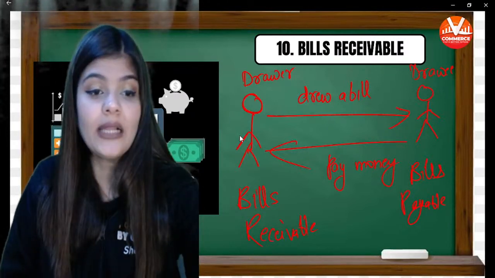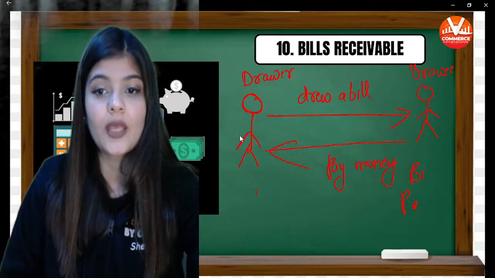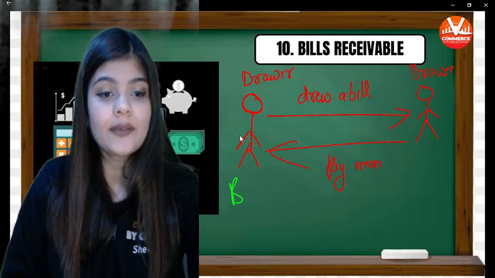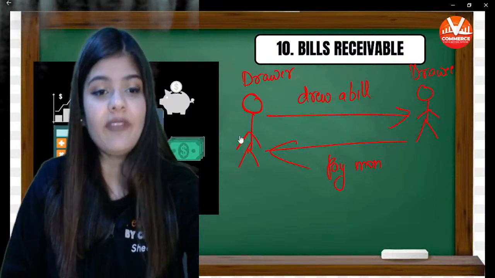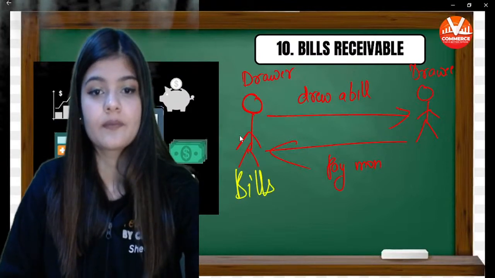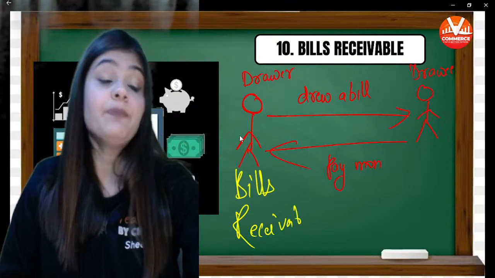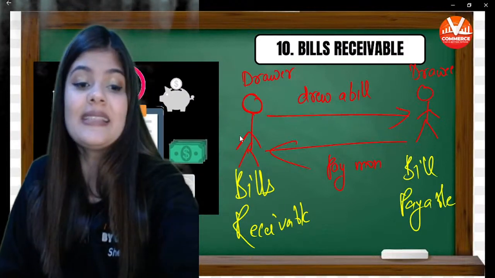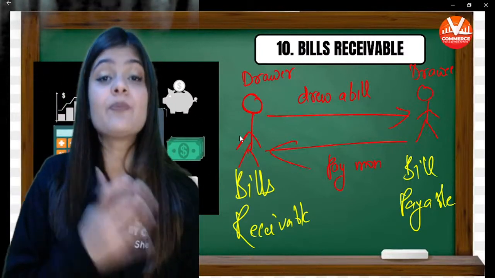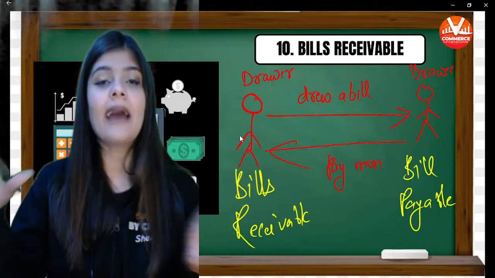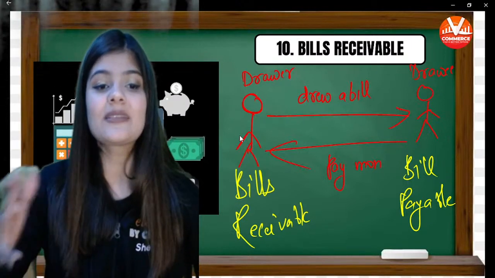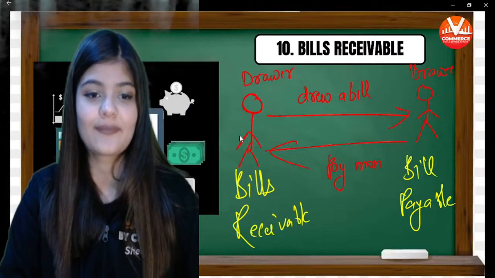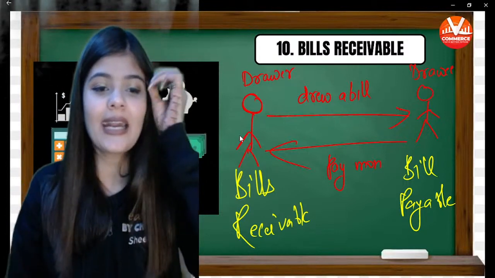Okay, let me take other colors. So the person who will receive money, that person will call it bills receivable. And the person who will pay money, that person will call it bills payable. So for Sheetal, it is BR, bills receivable, and for Ankit, it is BP, bills payable. Yes, Manas. Yes, Amrita. Correct.